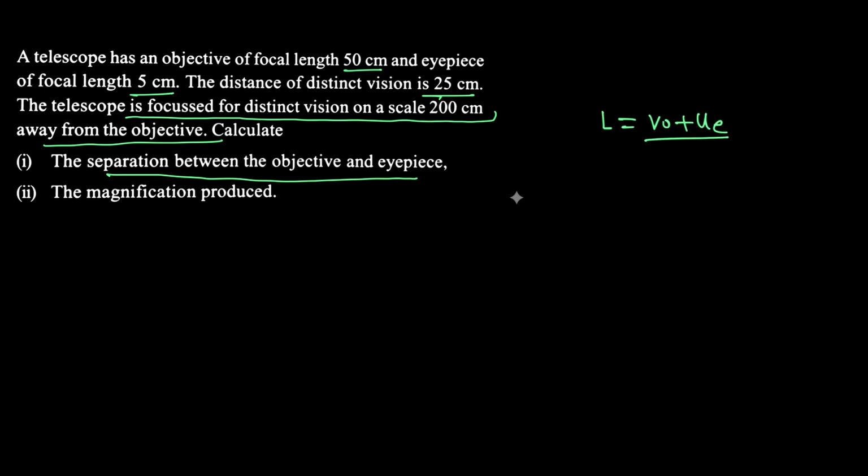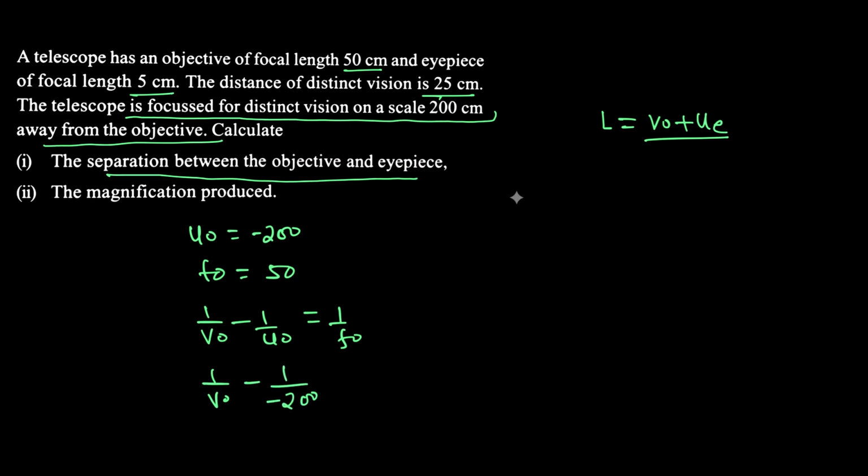So UO is given, that is minus 200, and FO is given, that is plus 50. If I use this formula, 1 by VO minus 1 by UO is equal to 1 by FO, then 1 by VO minus 1 upon minus 200 is equal to 1 by 50. And if I calculate, VO will be equal to 200 divided by 3.